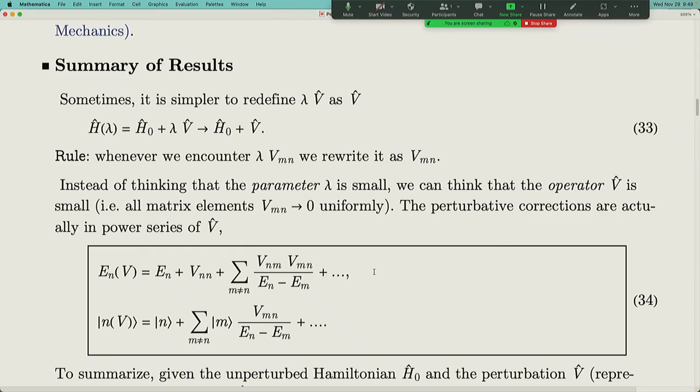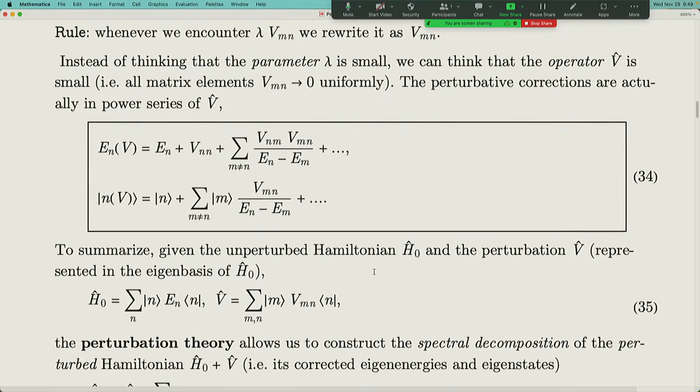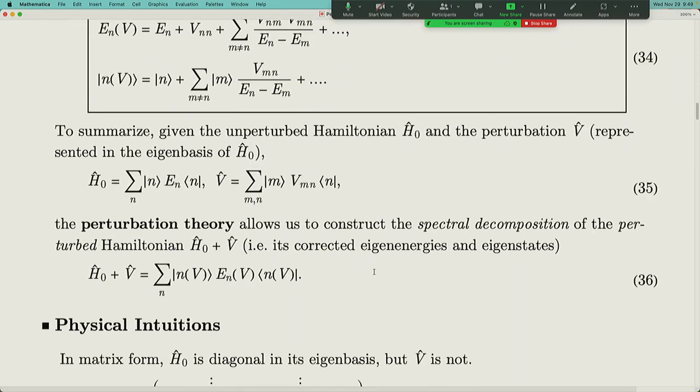In terms of that, we can simplify our expression by not writing so many lambdas. In the end, we just write our expression in terms of the eigenvalues and the corresponding small perturbations. So we are assuming that our perturbed Hamiltonian will be our original Hamiltonian plus some small operator. This V is a small operator.